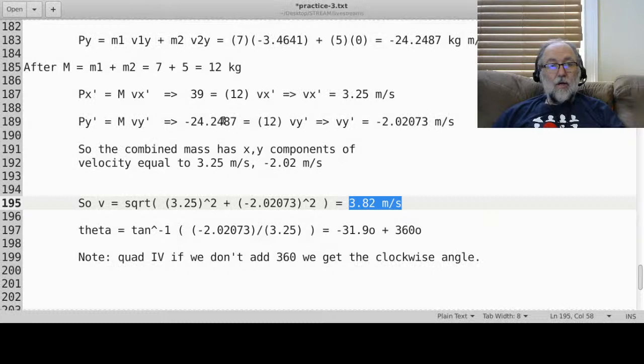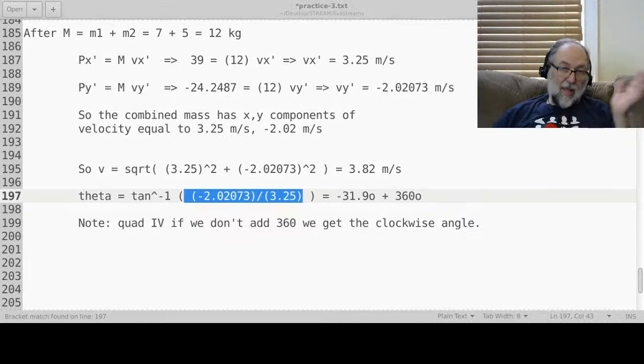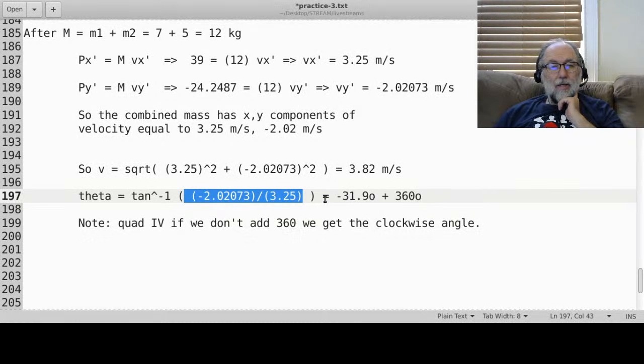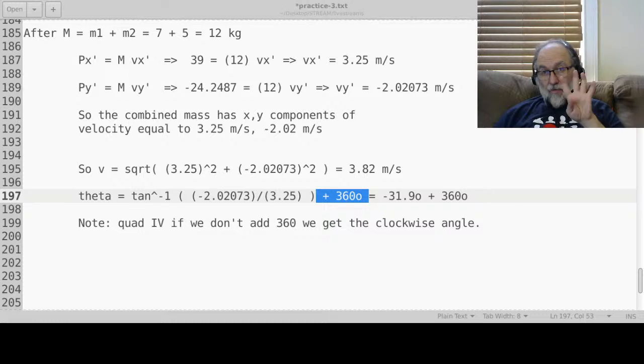What about the angle? Well, the angle is going to equal the inverse tangent of the y component divided by the x component. Remember that from when we did vectors. So there's the y component divided by the x component, and I should say here plus 360 degrees. Why did I do that? Because it's in quadrant 4.